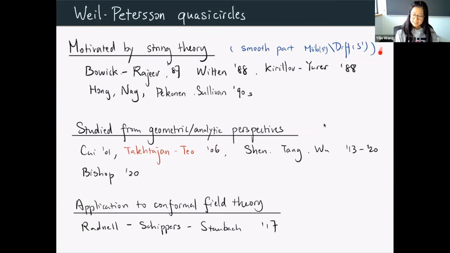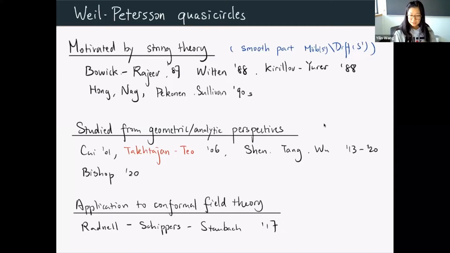I already said it's motivated by string theory, where they studied Kähler geometry on the smooth part. But more recently, in the 21st century, the focus switched to studying the geometric analytic perspectives of those curves or these weldings. Many works have been done by Cui and Shen, Tang, and Wu and their collaborators.